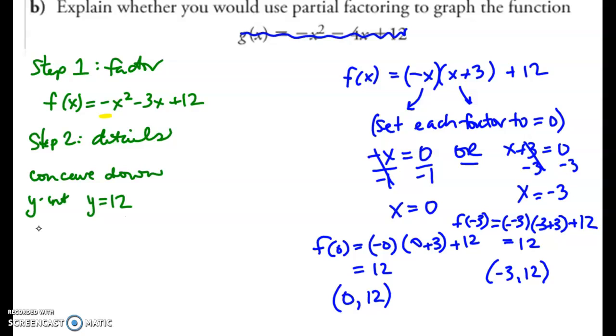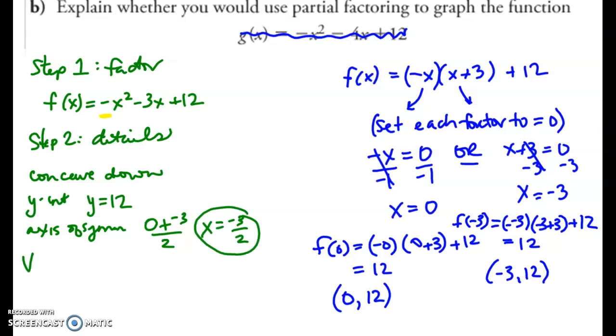Okay, the axis of symmetry, this is the very middle line of it, and we know that the axis of symmetry happens at a plus r divided by 2. It's going to be right in the middle of these two. Now we'll use our partial factors, which was 0, plus r, which was negative 3, divided by 2.